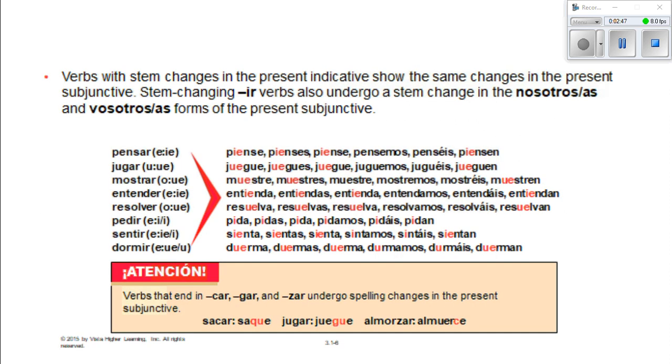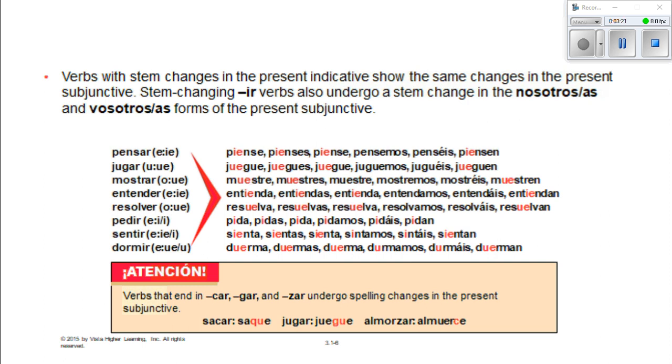So verbs with stem changes in the present indicative show the same changes in the present subjunctive. Stem changing IR verbs also undergo a stem change in the nosotros and vosotros form of the present subjunctive. So I give you the first one, pensar, from E to IE. That means that all of them except the nosotros form give that stem change.